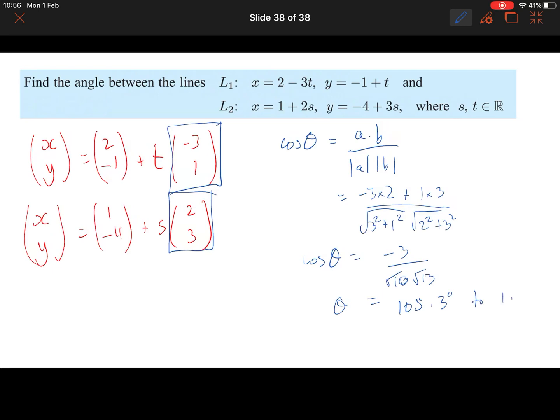Theta turns out to be 105.3 degrees to 1 decimal place. And of course, that's the obtuse angle. If the question had defined they wanted the acute, it'd be 180 minus your answer, which would be 74.7 degrees to 1 decimal.